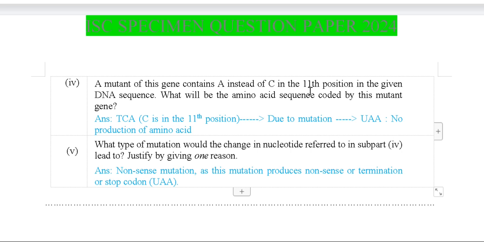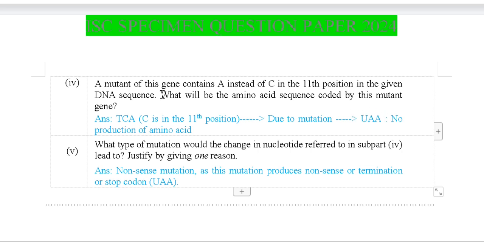Due to the change in the 11th position, the codon pattern is also changed. So what will be the amino acid sequence coded by that mutant gene? Previously it was TCA, where C is in the 11th position. Due to mutation now it turns into UAA, because now we are talking about mRNA.